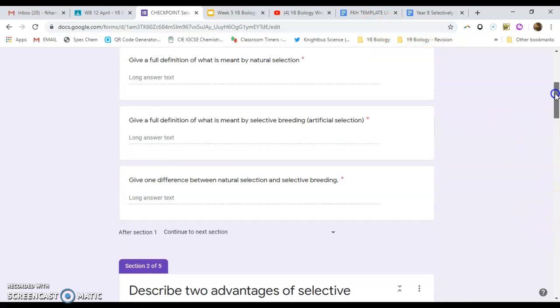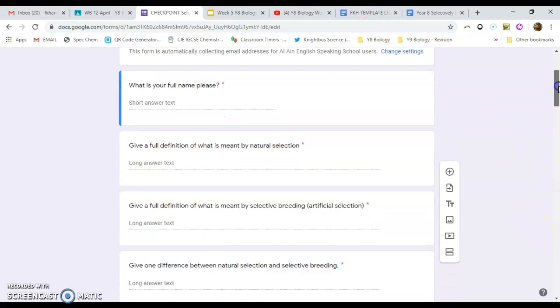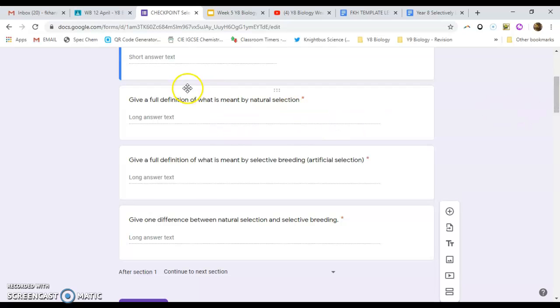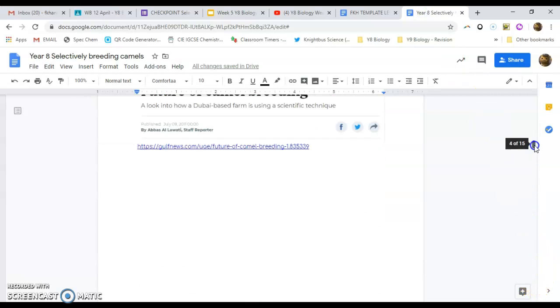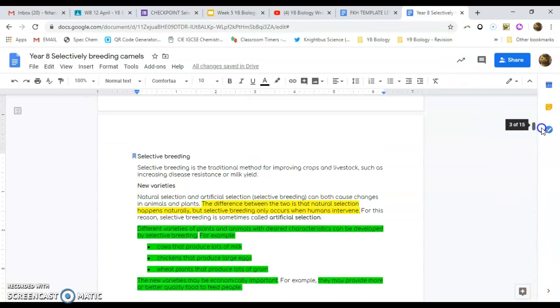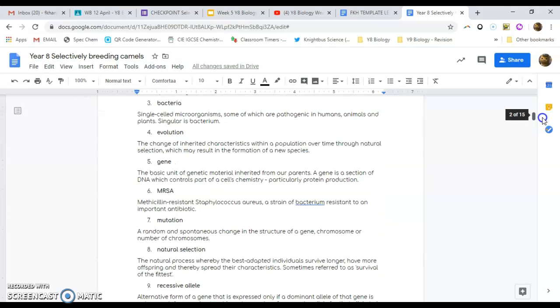The quiz, just very briefly, asks for your name, goes through and asks you definitions of what's meant by natural selection and artificial selection. You can get that from the document. I've highlighted that in the document in front of you.